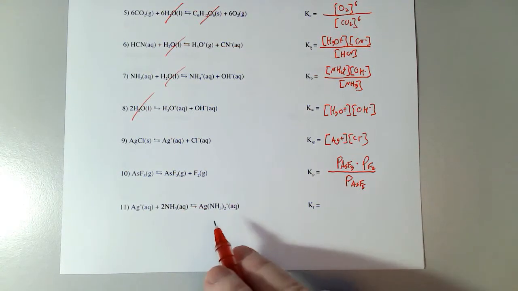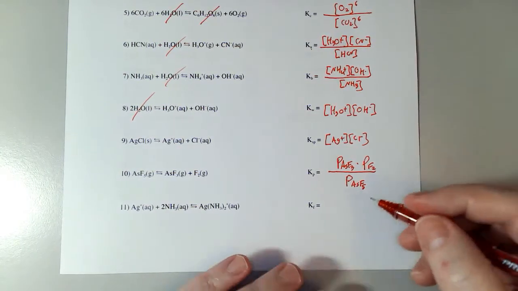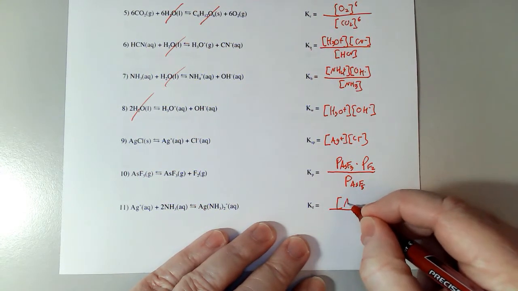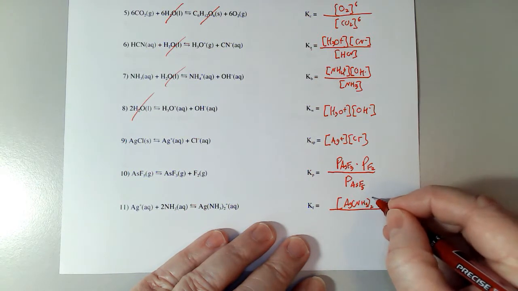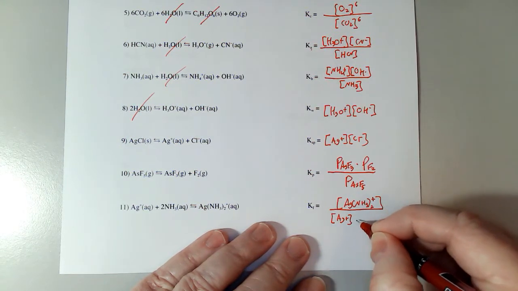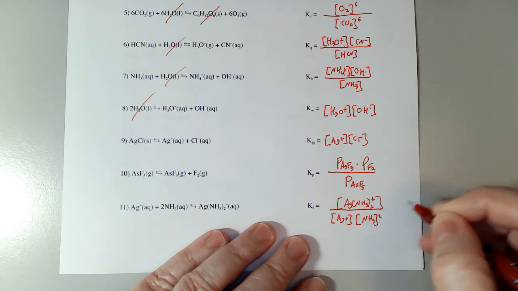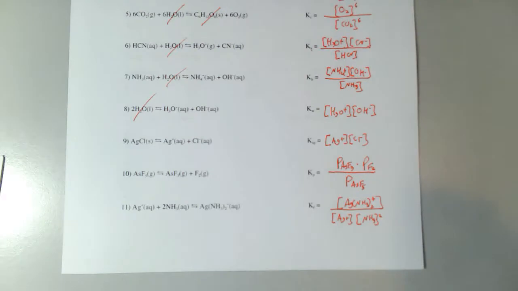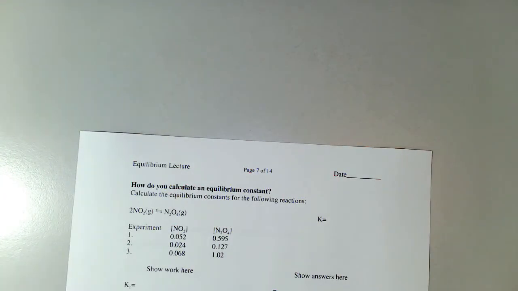And since this is actually the formation of a transition metal compound, or a complex ion, some people say it, we call this a K of formation: Ag(NH3)2+ divided by Ag+ times NH3 quantity squared. Okay? So pretty straightforward idea there. Don't think that's going to be too hard for you. We did a lot of that last year.